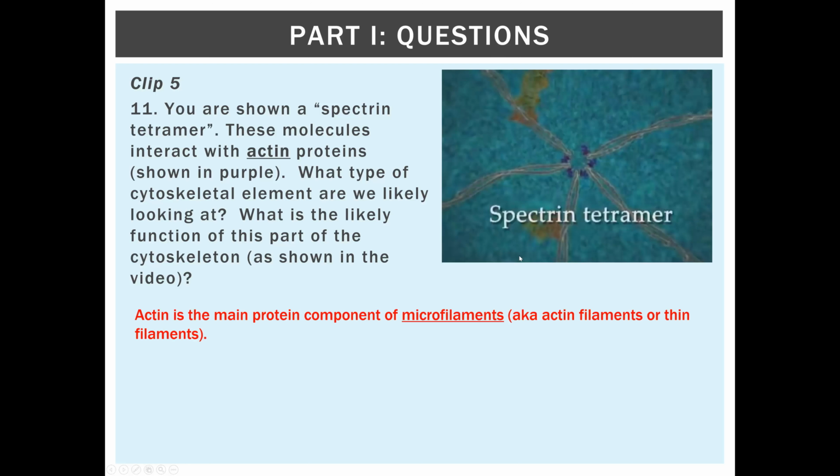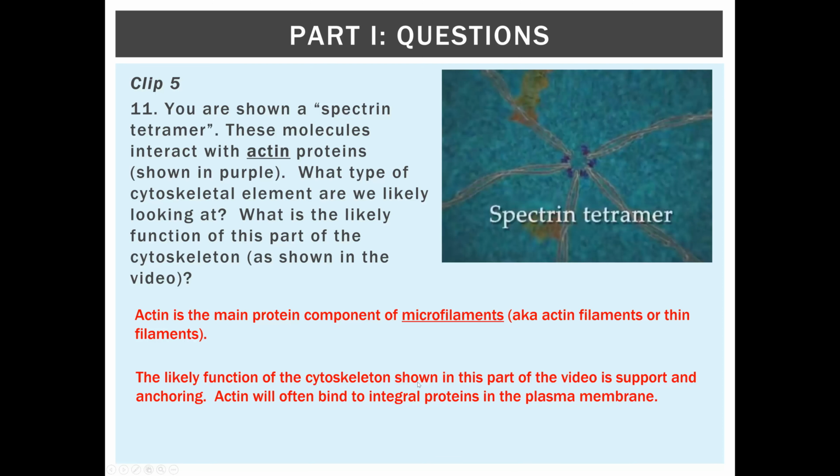If you remember, actin is the main protein component of microfilaments, which are also called actin filaments or thin filaments. You do need to know which protein goes with which part of the cytoskeleton. Actin goes with microfilaments, tubulin goes with microtubules, keratin is frequently found with intermediate filaments, and myosin is found with thick filaments.